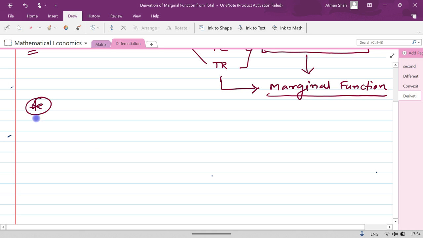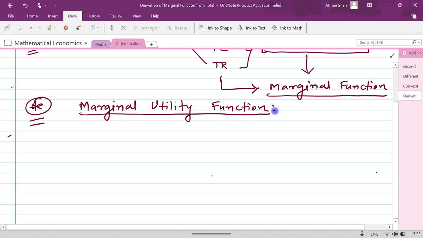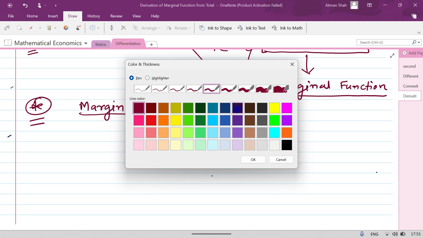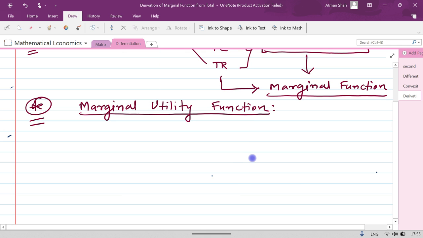So suppose we want to derive marginal utility function. So what is marginal utility? It is the change in total utility.